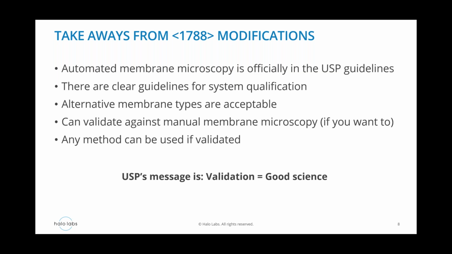But I think the overall USP message is, I know that you guys are super busy. One of the reasons why light obscurators are popular is that it's sort of a green button solution: you click it and you get the results and it's fast, whatever they might mean, right? But for good validation, the USP's message is do good science, right?